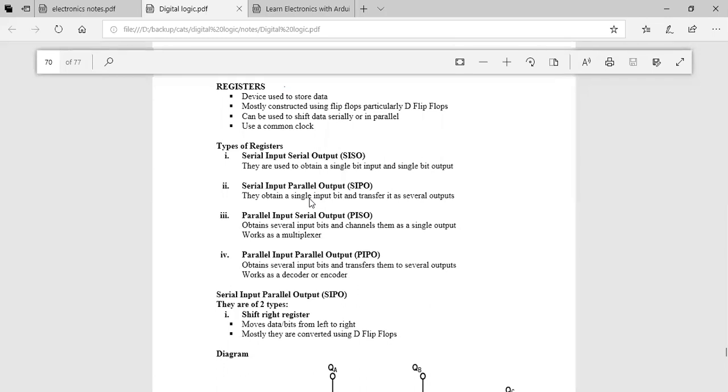At this time, I indicate that D flip-flops are commonly used. They sometimes have a common clock or they can have different clocks, but most of the time they deal with one common clock. Types of registers. This is very simple. They are serial input, serial output, which means one input, one output. Serial input, parallel output. What does that mean?